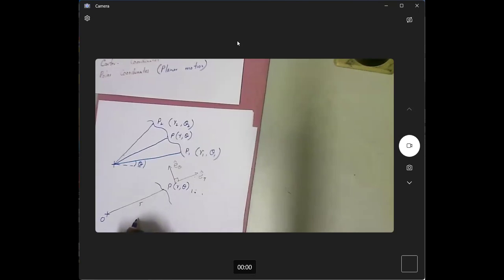Now I can define the displacement s, a vector, as r, which is the length, times the direction e_r. Right? The displacement is r times the direction e_r. Then, from our previous definition, we can find the velocity as the time derivative of displacement.